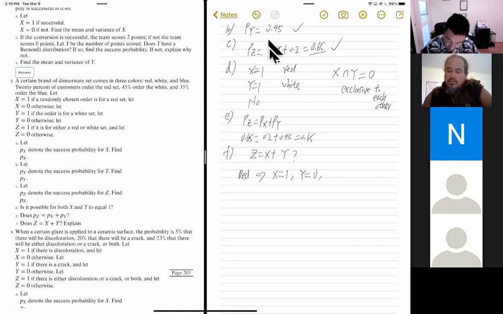Okay, and then look at Z. So Z equals 1 when the color is either red or white. So when it is red, Z will equal 1, right? So when the color is red, X plus Y equals 1, which equals Z. So in this case, Z equals X plus Y.